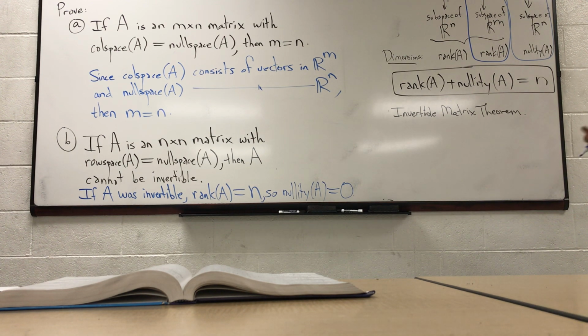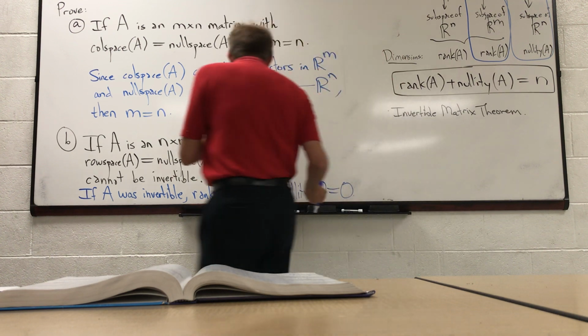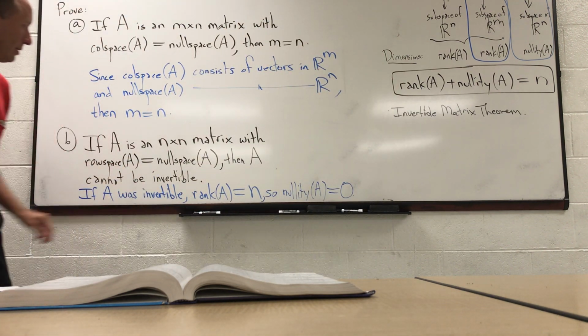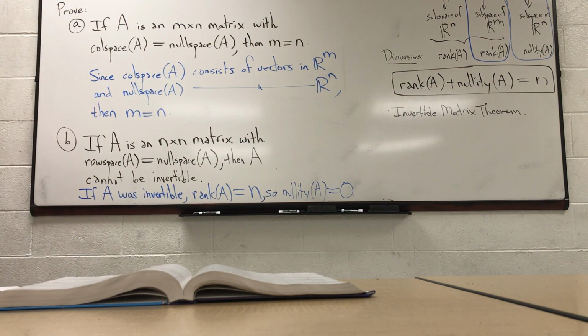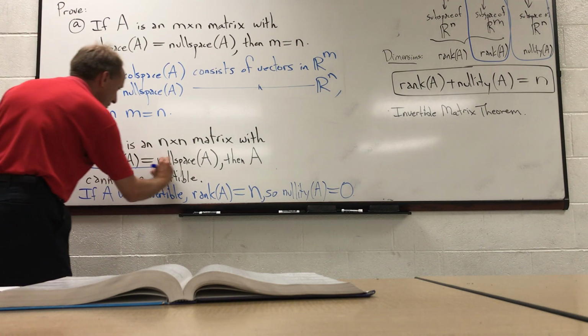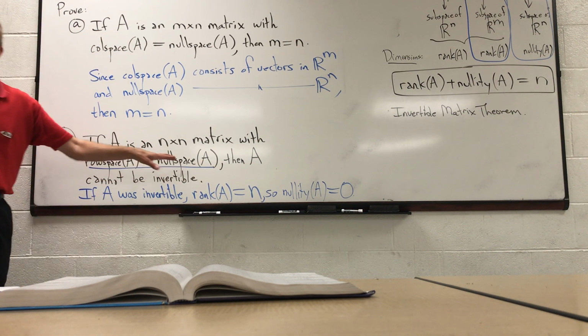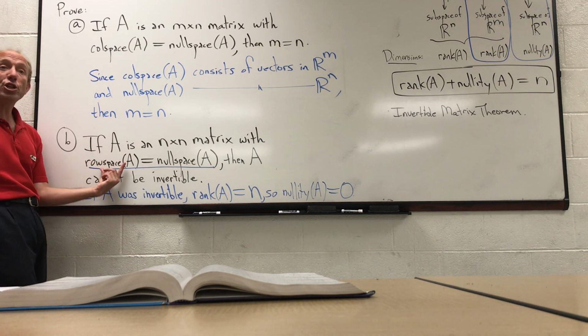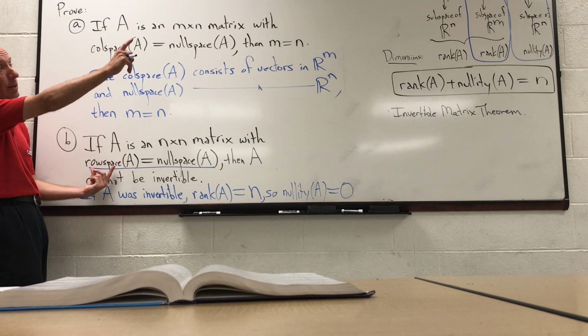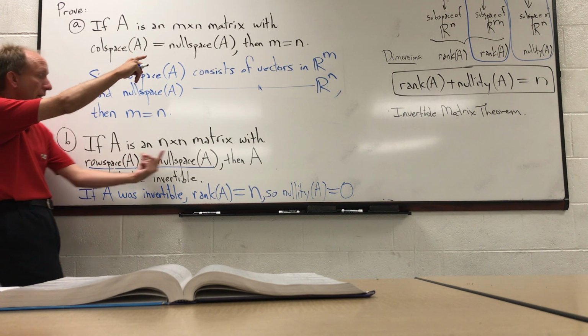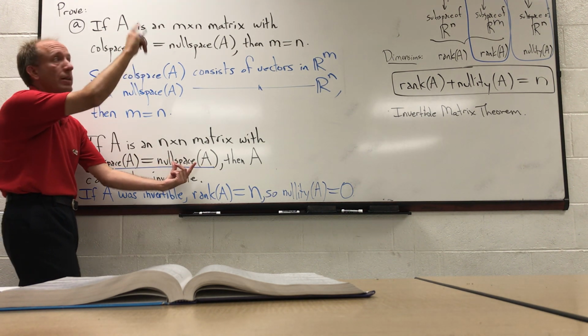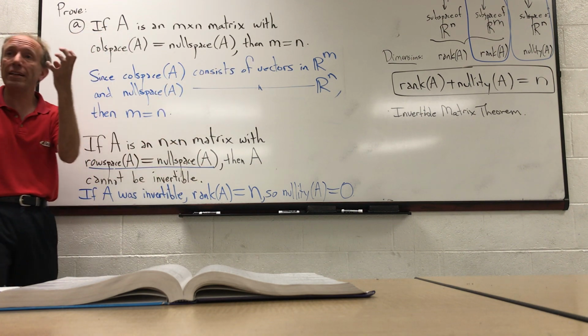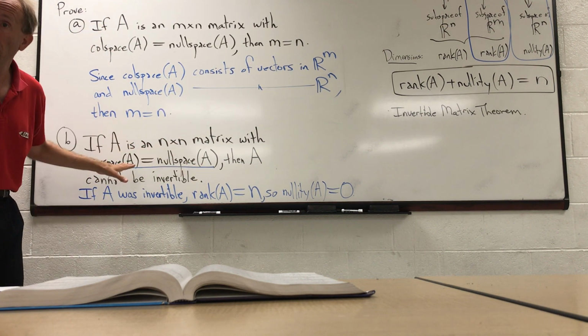And what's wrong with that? It doesn't equal 0, why not? So how do we use this part? This is the assumption, we haven't mentioned this yet. Oh, because the rank and the nullity wouldn't be equal. Right, the dimension of the row space is the rank. The dimension of the null space is the nullity. We're saying that they're equal. Okay?